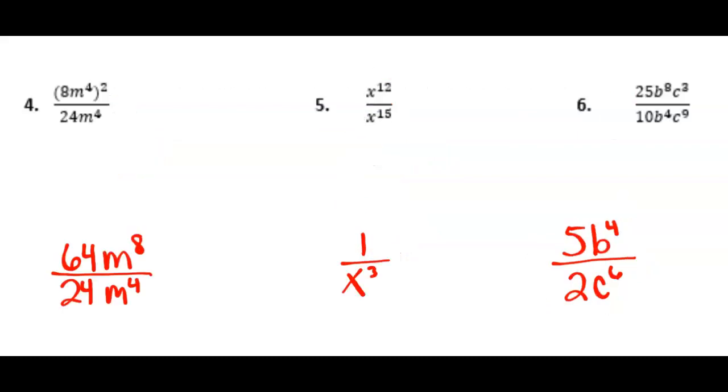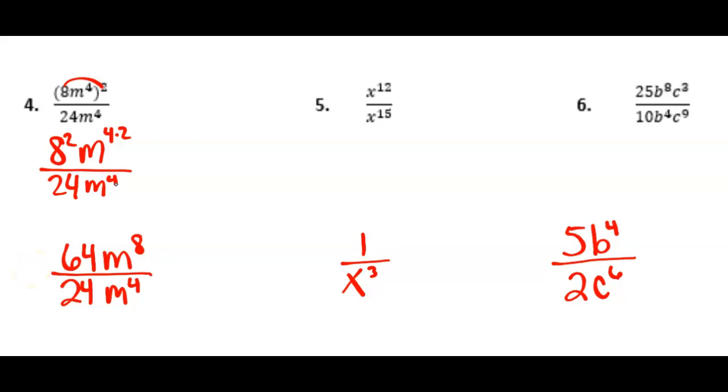For number 4, you've got to do that same rule that we just talked about. 8 squared, m to the 4 times 2. Now, I don't have to do that to the bottom. Oh, you know what? I'm not done there. What can I take out of there? I can take some numbers out.